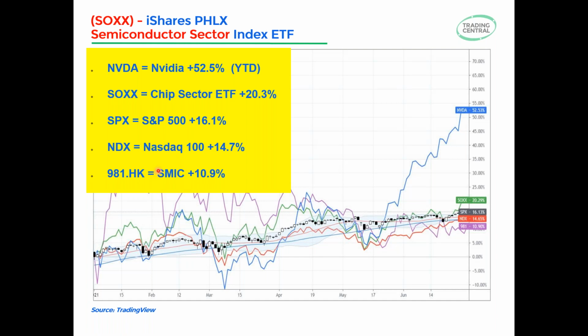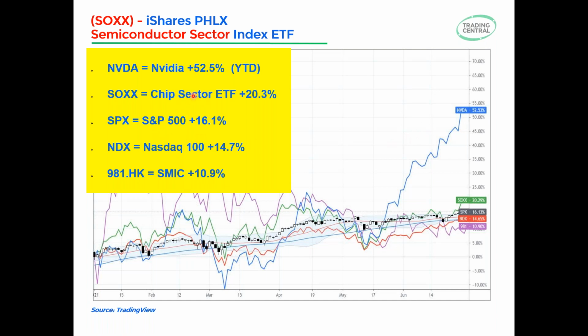So I pointed this out because I have received a number of questions on these stocks and also these sectors from the audience members. Okay, and this chart at the moment, I will show you one or two more. This one shows you what is happening.